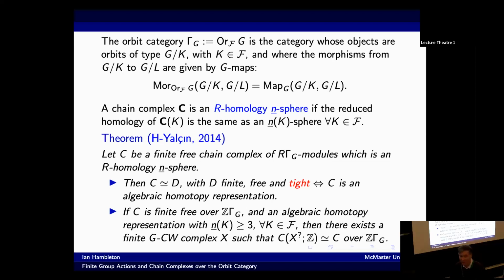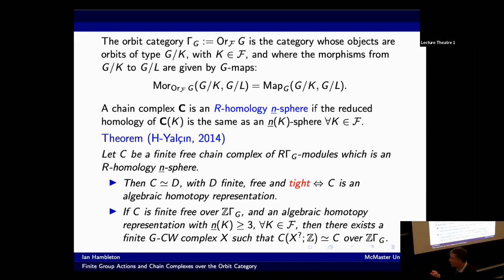Okay, so the goal is to produce equivariant homotopy representations using the assumptions on our group. And the method is going to be to first produce algebraic ones and then use this theorem to realize them geometrically.